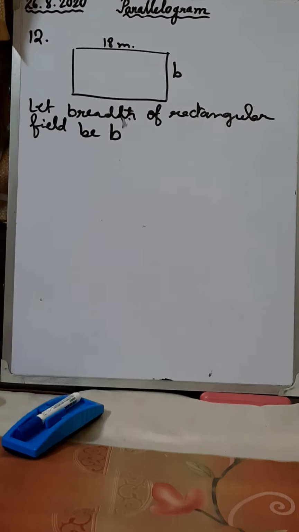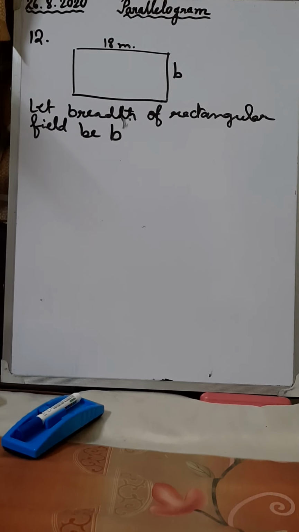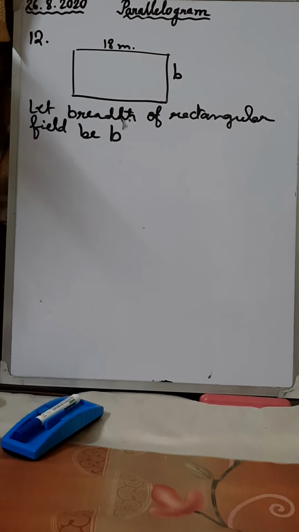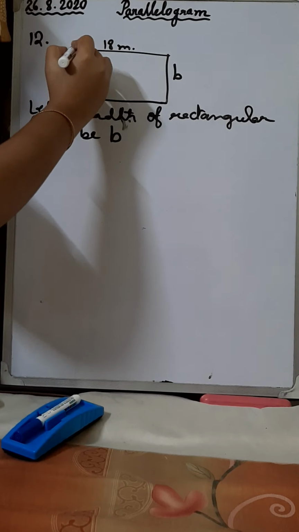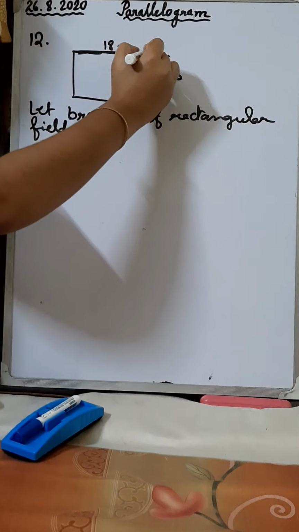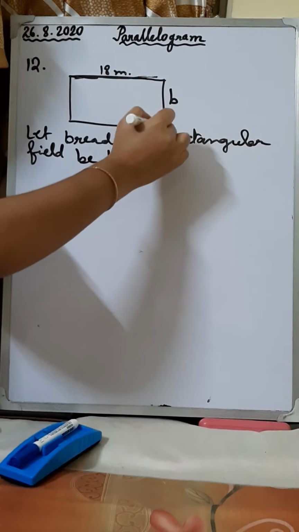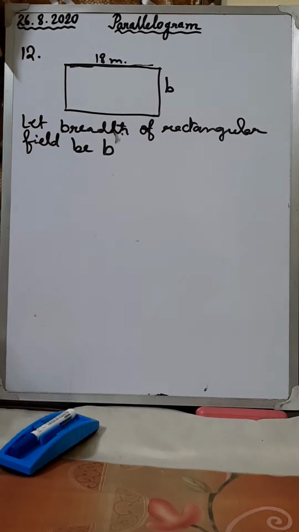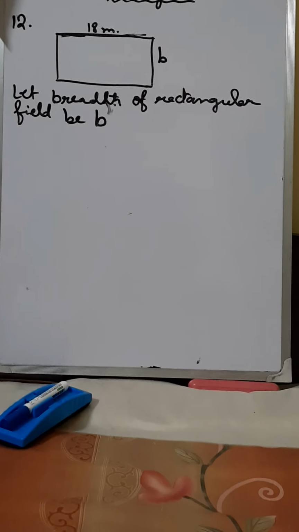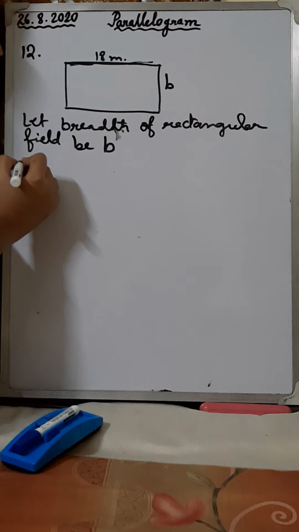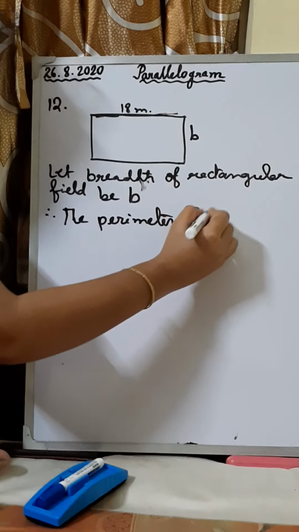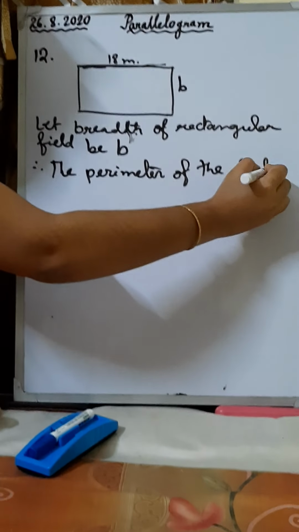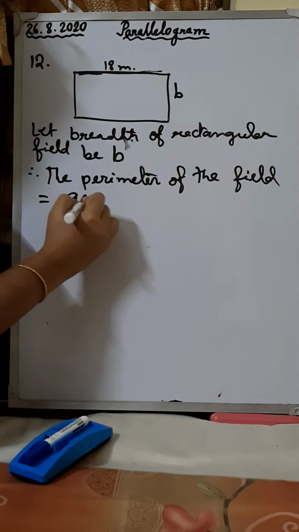Now see, it is given that the man crosses a distance of 96 meter, with the rectangular length given as 18 meter. When he rounds this field 2 times, he crosses the distance of 96 meter. That means the perimeter of the field equals 96 divided by 2, that means 48 meter.